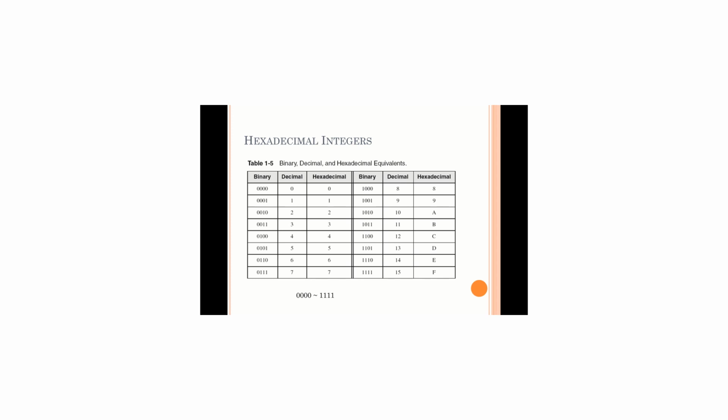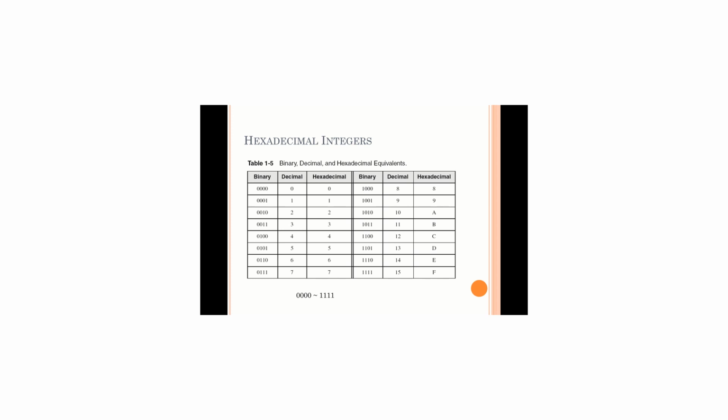So very often, when you are dealing with numbers in assembly language, when you're doing debugging, etc., when you display the content of a location, instead of displaying the binary numbers, it's going to display hexadecimal numbers, because hexadecimal numbers are much shorter, right?